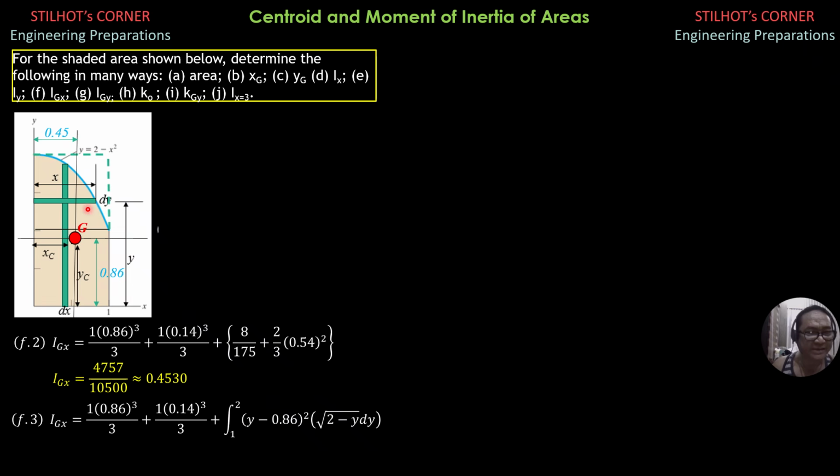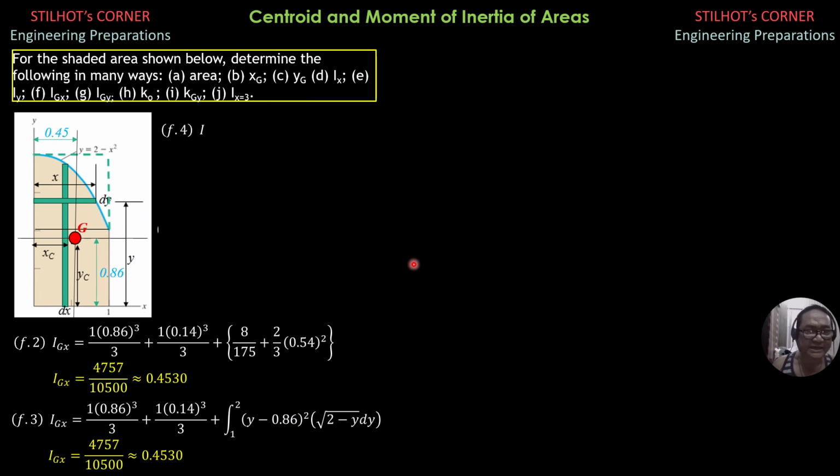Area x dy, and x is square root of 2 minus y, dy. So using your calculator, it will give us the same value, 4757 over 10,500 or 0.453 units to the fourth.